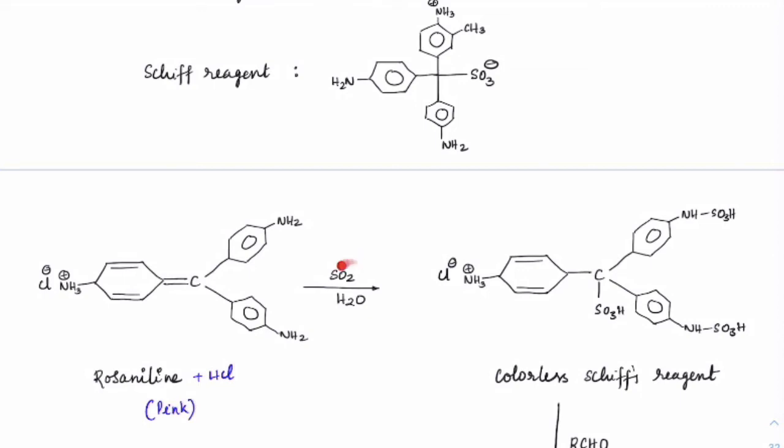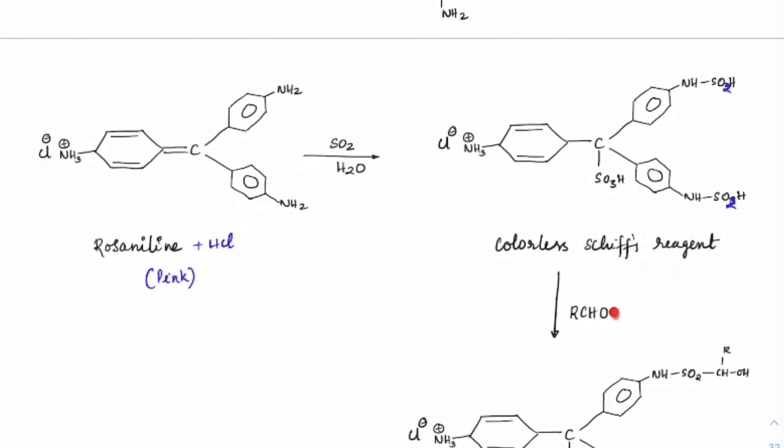When you add SO2 gas or sulfurous acid to this, it will become colorless. Basically this NH2 which is present right here will react with SO2 and form NHSO2H. Yeah, so this is what you will see. And this is the colorless Schiff reagent which is formed.